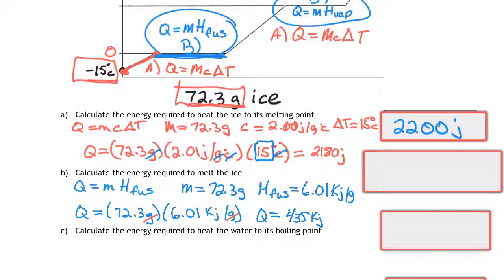I notice that I've got joules here. I'm going to need to add these all together, so I want to make sure my units all match. When I do a little dimensional analysis, that will give me 435,000 joules. So I've just converted kilojoules to joules.